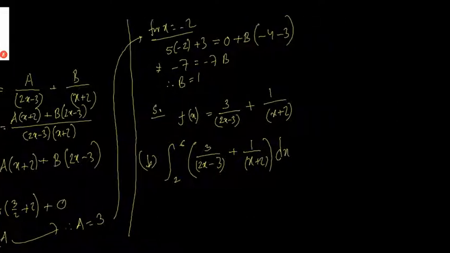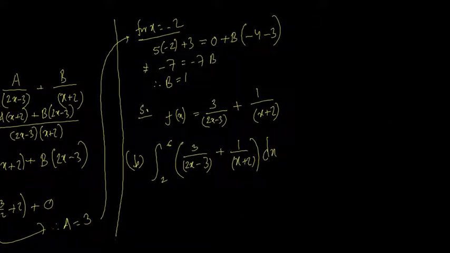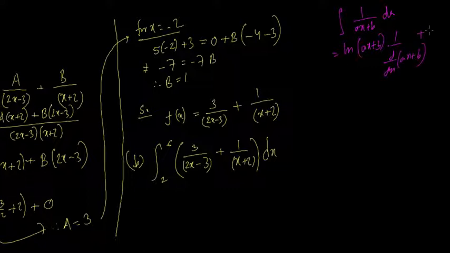By the fundamental rule of calculus, integration of any linear expression is ln of the expression, divided by the chain rule, d by dx of the linear expression. So that's the reciprocal of a linear expression by the fundamental rule of calculus.